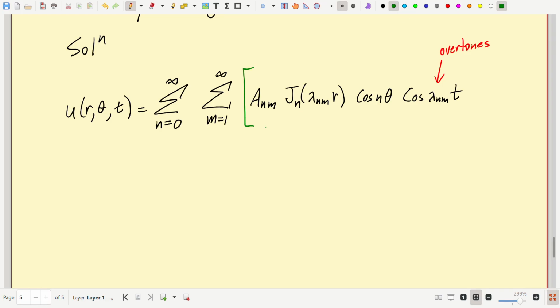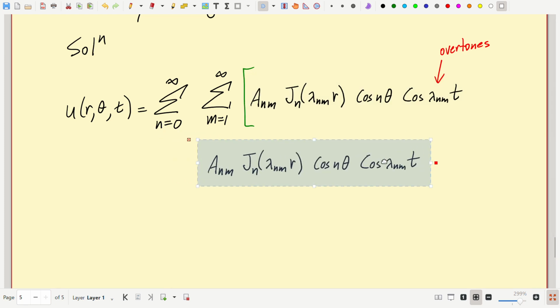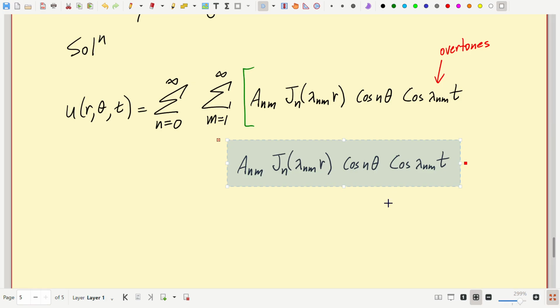Then the next part would look very similar. This part would look like plus. I'll change these A's to B's. I'll change the cosines to sines.